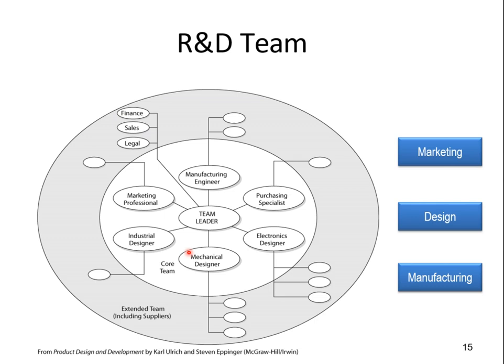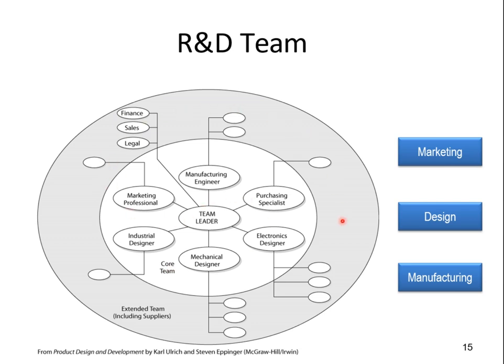Usually the design and research team consists of multiple sections. The inner circle is the people who are actually working on the design. The team leader is connected to the manufacturing engineer, the purchasing specialist, the electronic designer, the mechanical designer, the industrial designer, and the marketing professional. That's what we call the core team.